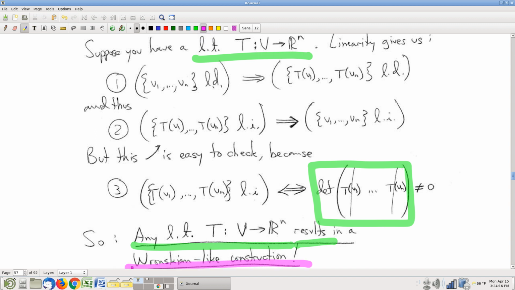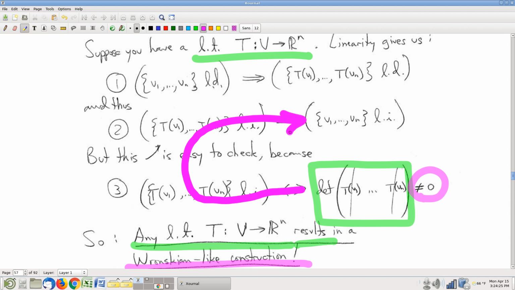It is Wronskian-like because when it's non-zero, that means the images are independent, and if the images are independent, that means my list that I was initially interested in is independent. Clever idea, right? Wronskian-like because non-zero means independent. The beautiful thing is that we can form as many Wronskian-like constructions as we want. All we need is Euclidean-valued linear transformations, and you've got yourself a new Wronskian.